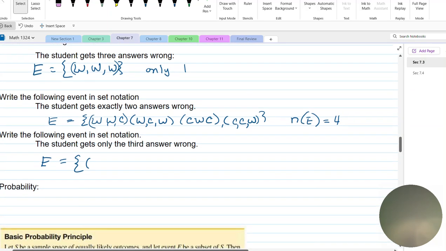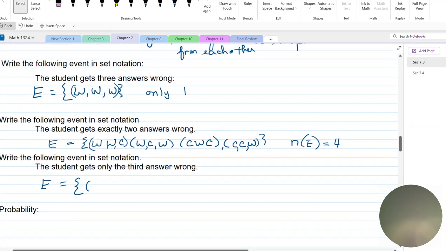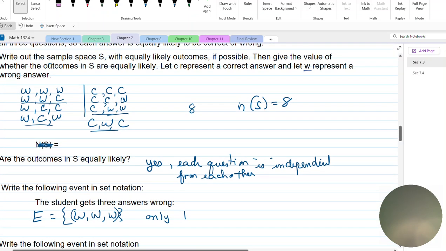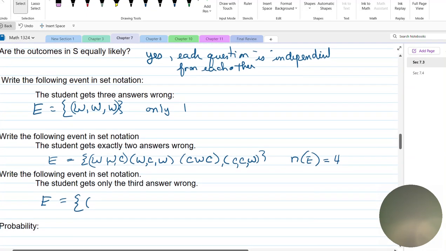The student gets only the third answer wrong. Only the third answer wrong. So CCW, 1.